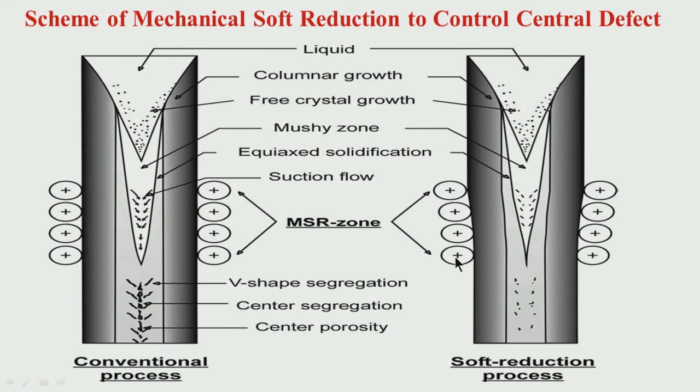This zone is where solidification is getting completed, that means maybe from 90% to 100% solidification. That area is very important here, where you want to put some amount of pressure for the soft reduction. And I had mentioned that this area is relatively prone to brittle crack formation also.